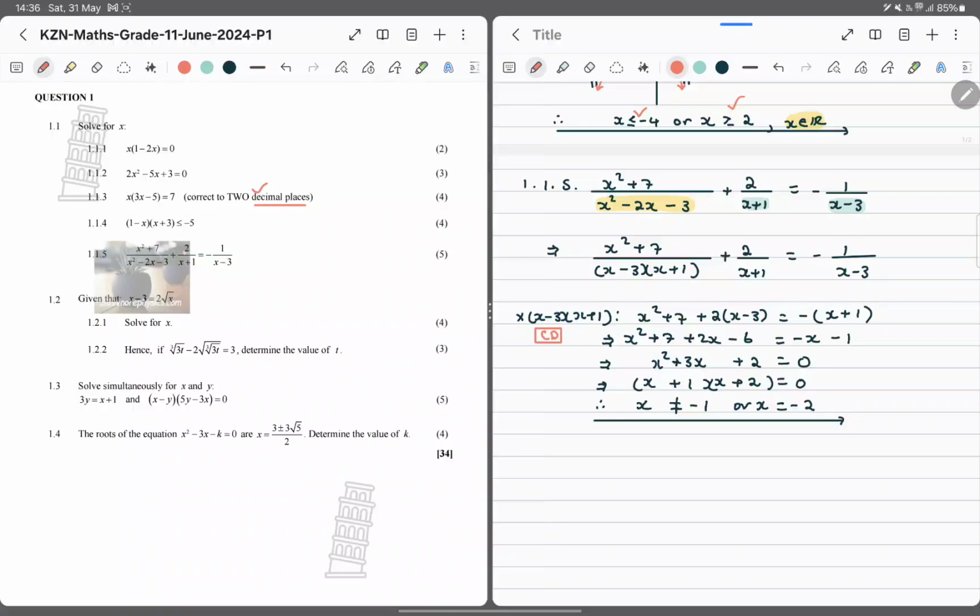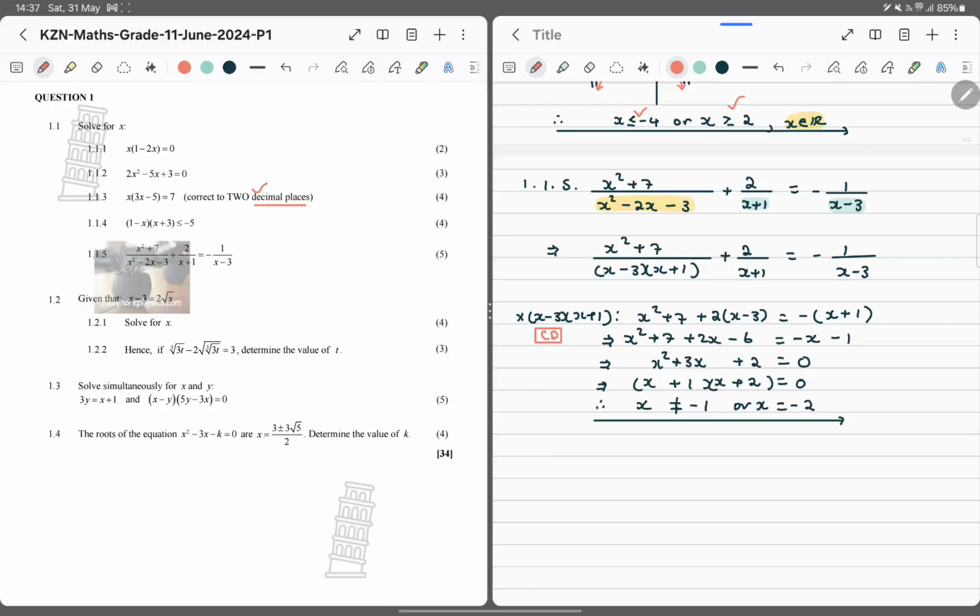So we go on and say, okay, fine, minus 2 squared. We can say here, minus 2 squared plus 7 divided by minus 2 squared minus 2 into minus 2 minus 3, plus 2 divided by minus 2 plus 1.